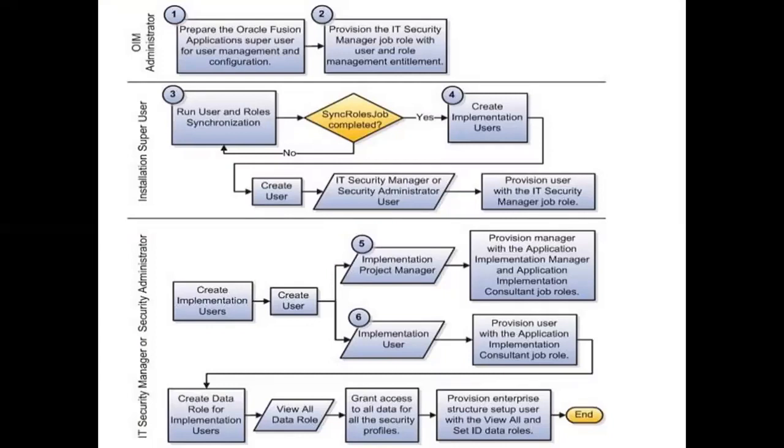The first and the second step is you're preparing the roles in the OIM administrator. Then after configuring and setting up the task lists for implementation, you run the user and roles synchronization process task, which is available to the super user for synchronizing users and roles.